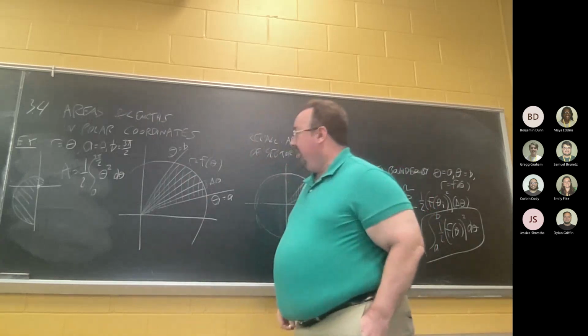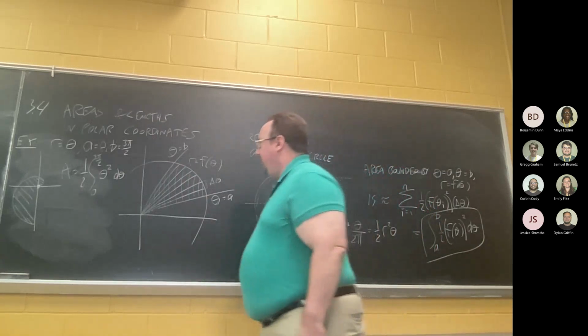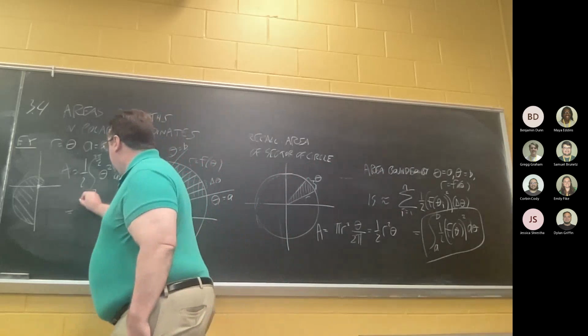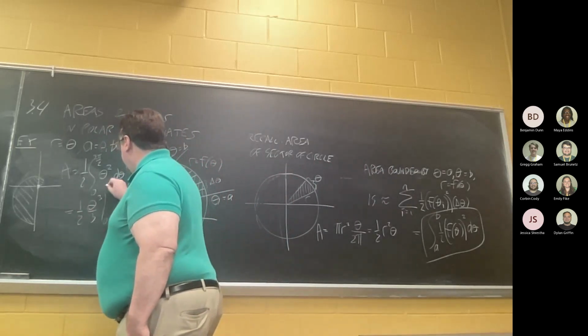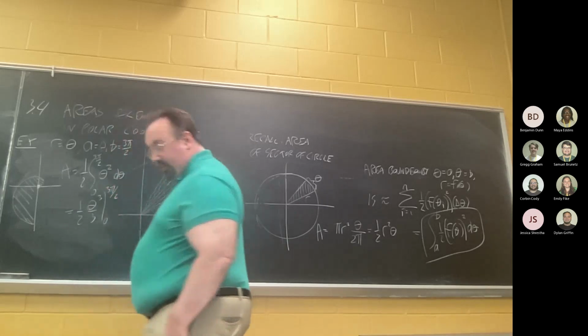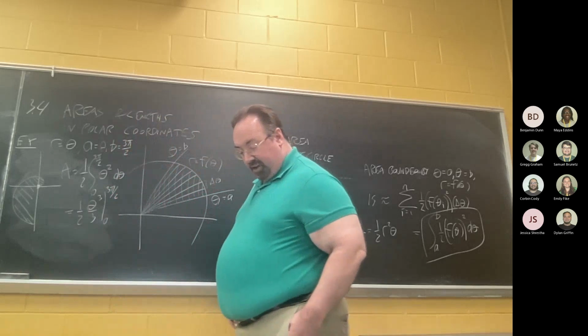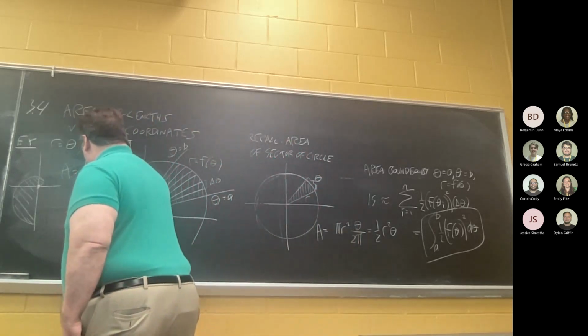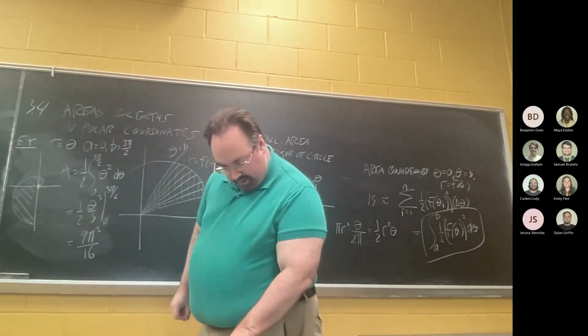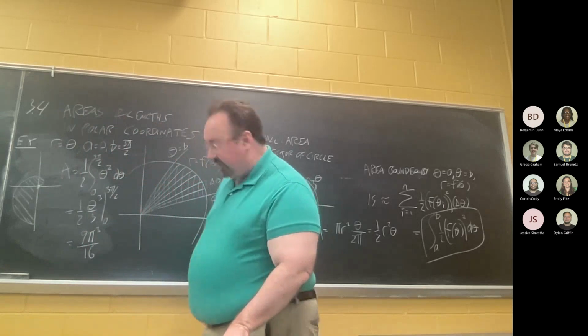Okay. So then just go ahead and integrate this normally. 1/2 times theta cubed over 3, limits 0 and 3 pi over 2. And once you do all the algebra, you get 9 pi cubed over 16.